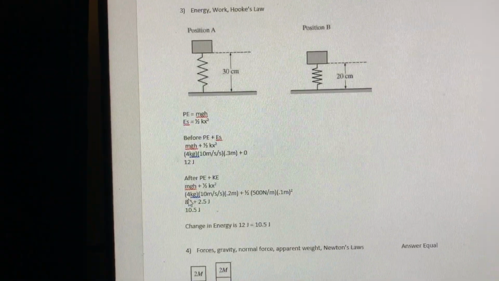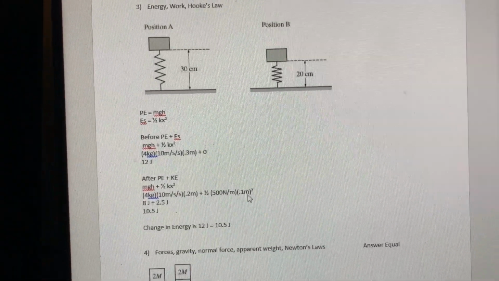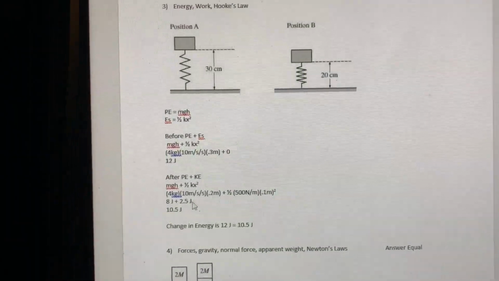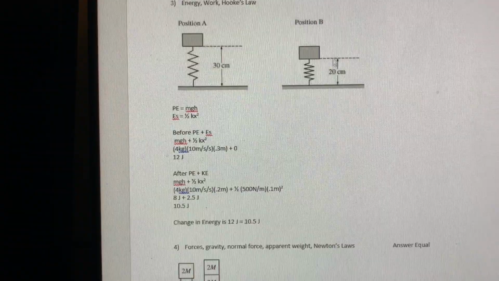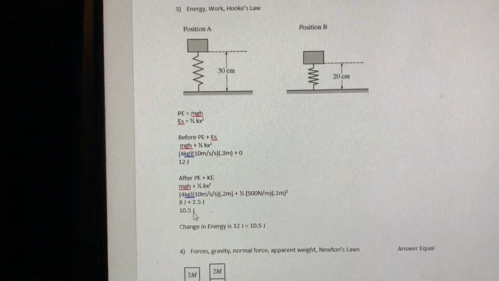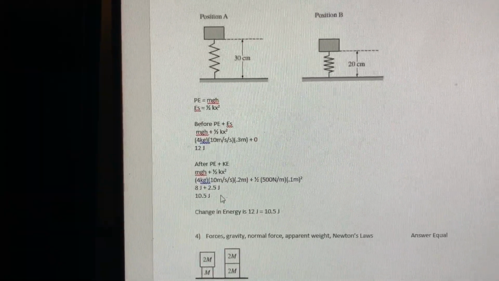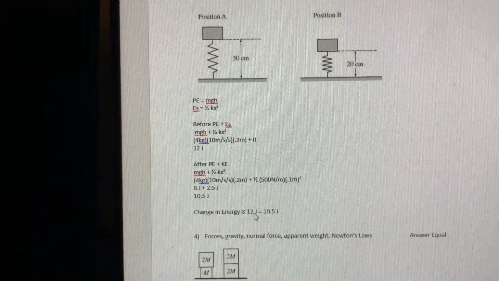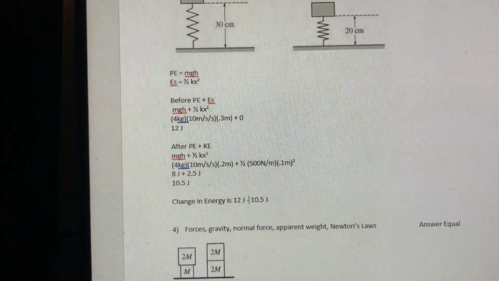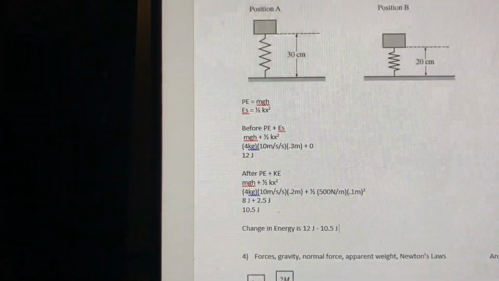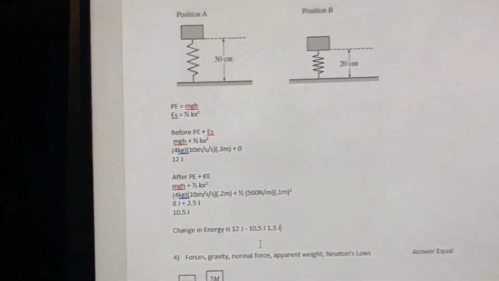In the after case, I have the new mgh, which comes out to be 8, and then the energy in the spring, which comes out to be 2.5. So I have a total energy in position B of 10.5, and I then subtract the two, and so the answer comes out to be 1.5 joules.